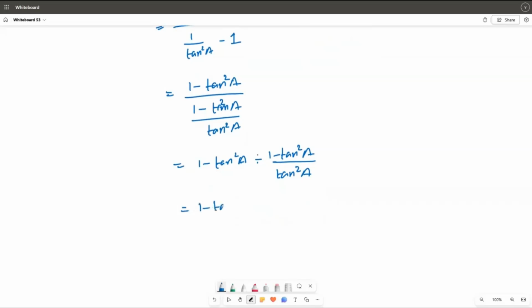So this would be 1 minus tan square A multiplied by tan square A by 1 minus tan square A. So this 1 minus tan square A and 1 minus tan square A would get cancelled, and we are left with tan square A, which is the RHS part of the question.